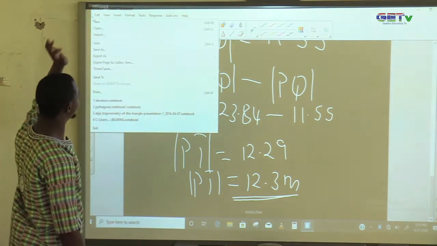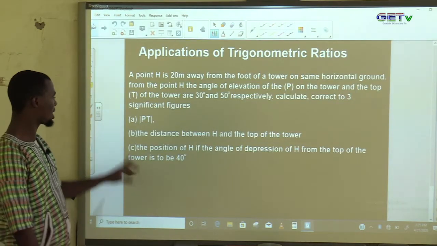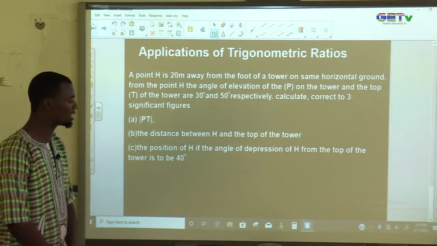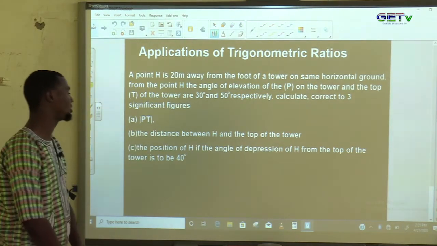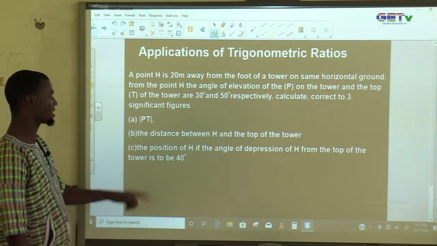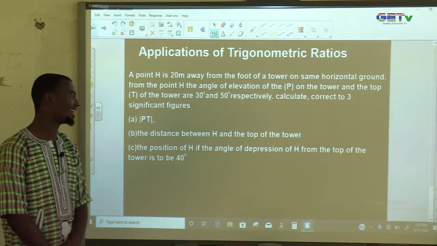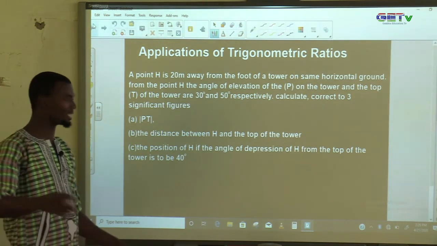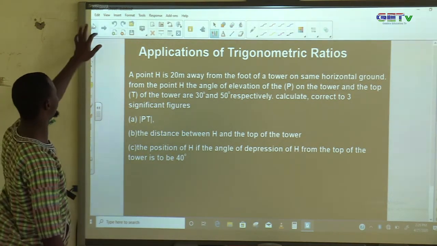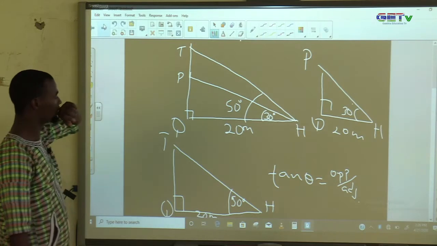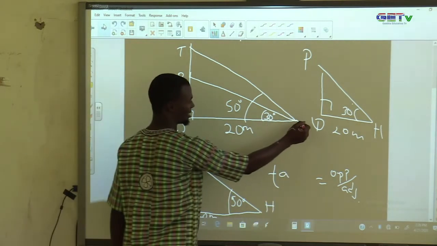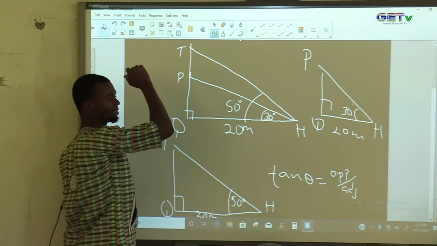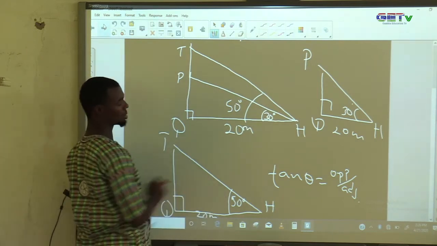Let's look at the question again. We are asked to find PT, and PT is 12.3 meters. That is found. The next one is the distance between H and the top of the tower. So that will be in this right angle triangle.